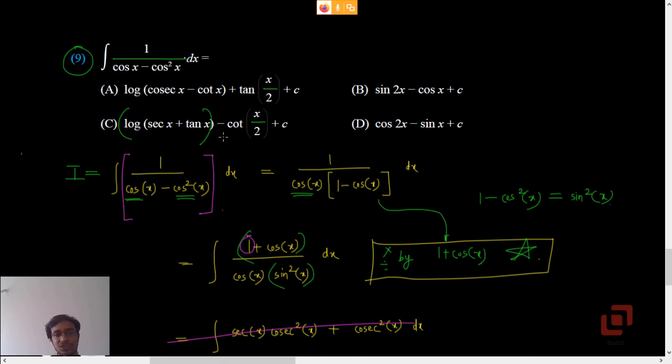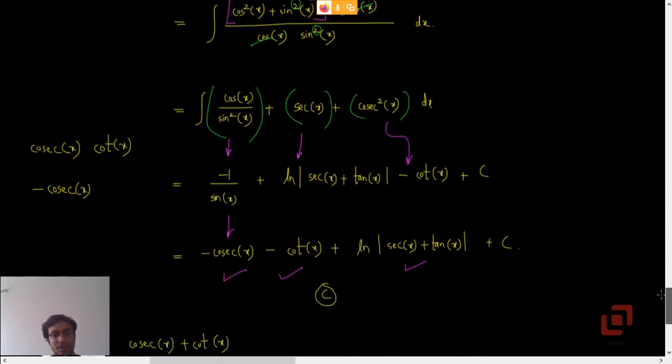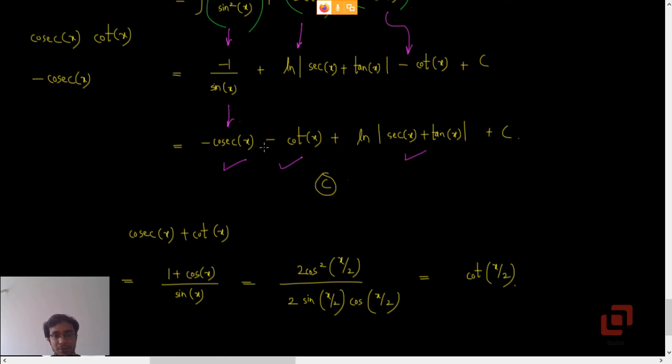So let's now check whether negative cot x by 2 is indeed negative cosec x minus cot x. Again very simple. Write cosec x plus cot x as 1 plus cos x upon sin x. So basically write cosec and cot in terms of sin and cos.